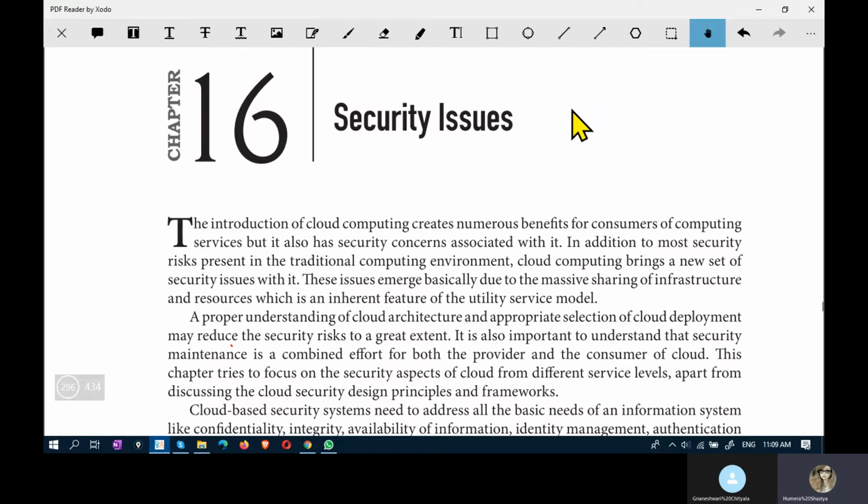Then security is a major concern at different levels. It's not only at one individual level where you protect that application and the entire system is secured.